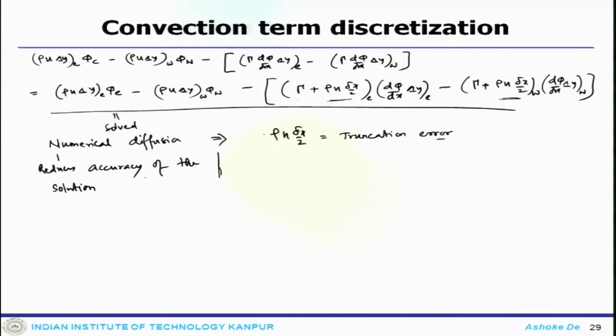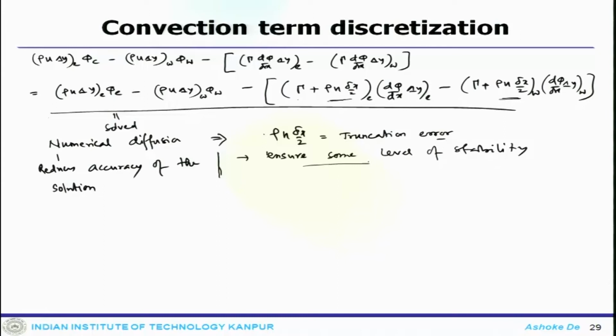But at the same time it also provides some level of stability. It makes the system a bit more stable because of this diffusion, and makes sure that the solution remains bounded and physical.